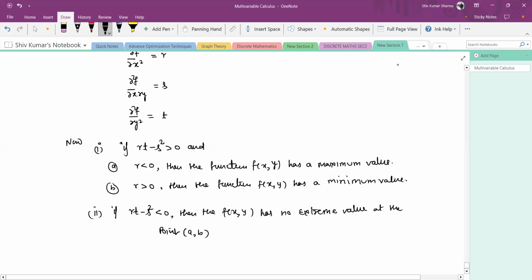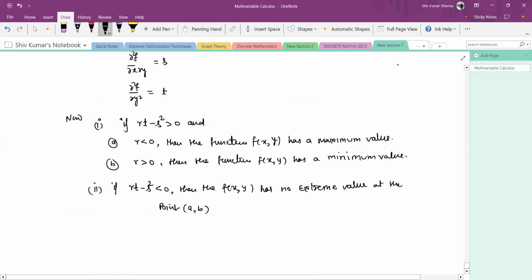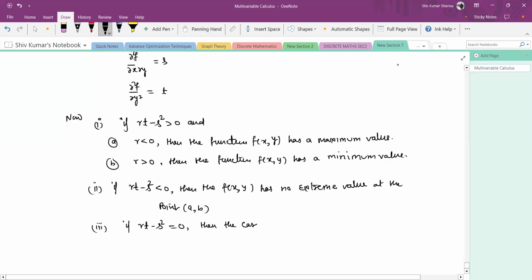We are calculating all these things for the values a, b. For the third one, if rt minus s square is equal to 0, such cases are doubtful cases. We need further investigation.